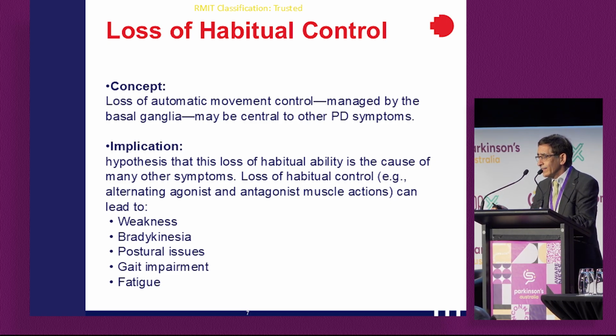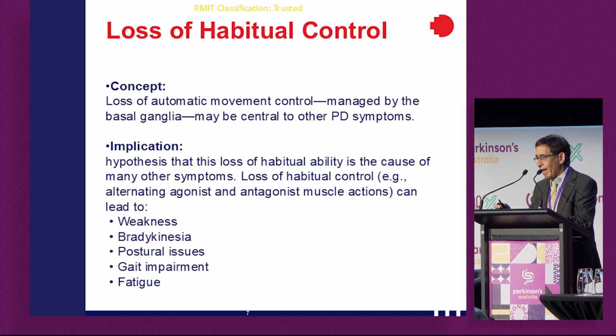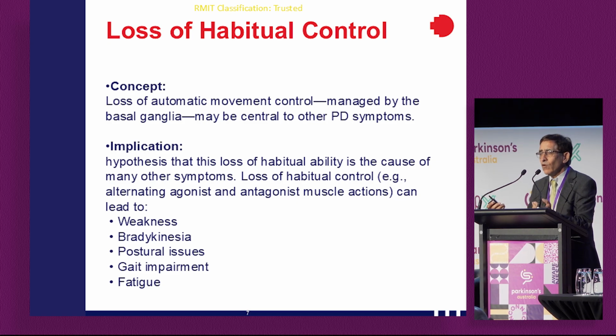Implications are that as a result of this whole thing, there can be a weakness of our muscles, there can be bradykinesia, slowness, the posture gets imbalanced, the gait gets impaired, and there's fatigue, because for the same activity which should have been done easily requires extra activity after the disease.